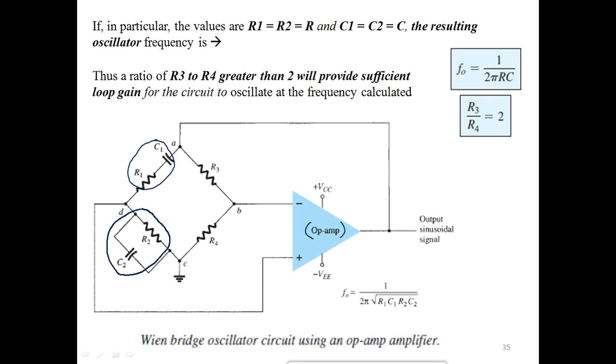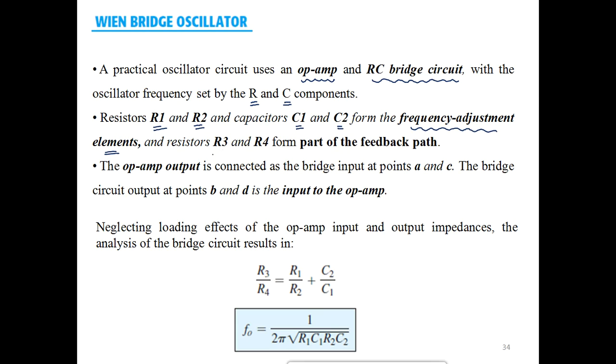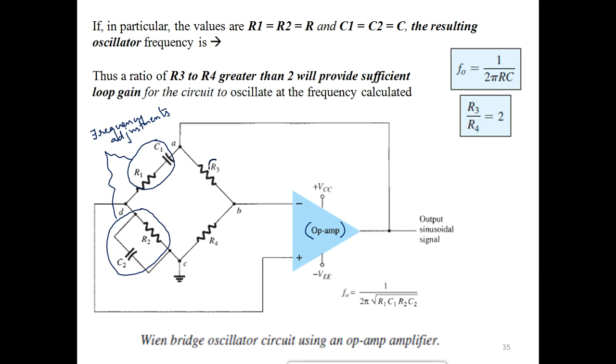So one RC is in series and another RC is in parallel, and these two sections help in frequency adjustment of the oscillatory circuit. Similarly, what about resistors R3 and R4? They form part of the feedback path.